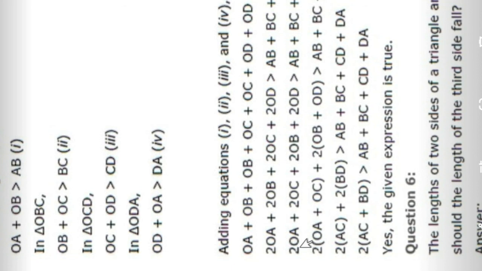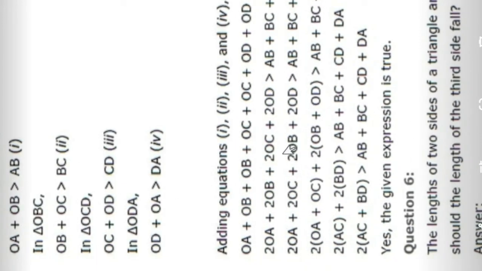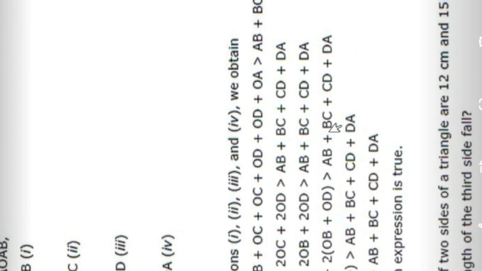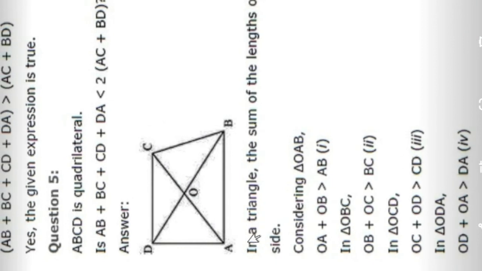Now 2OA plus 2OC plus 2OB plus 2OD is greater than AB plus BC plus CD plus DA. This we have only interchanged here. 2OC we have taken here, 2OB we have taken here. So 2 into OA plus OC plus 2 into OB plus OD is greater than AB plus BC plus CD plus DA. Now what is OA plus OC? OA plus OC is nothing but AC.